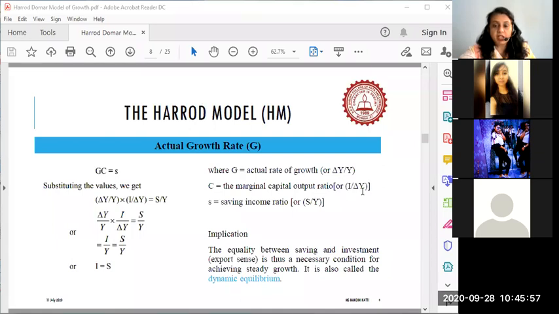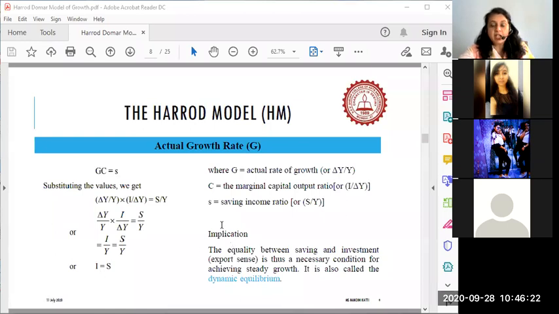And S is equal to the saving income ratio. Now if we substitute these values in this equation, GC is equal to S, we ultimately arrive at this information where savings is equal to investment, or where investment is equal to savings.